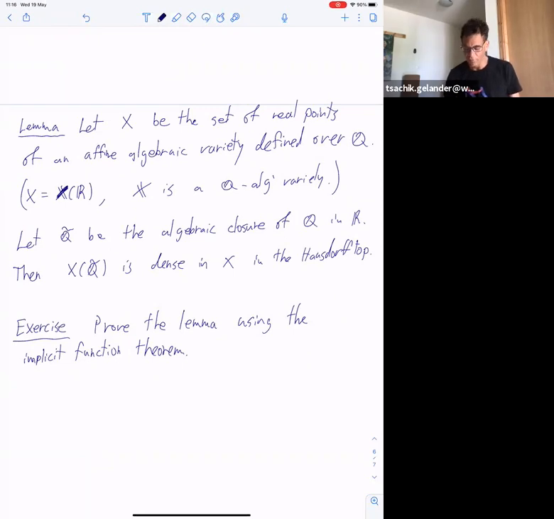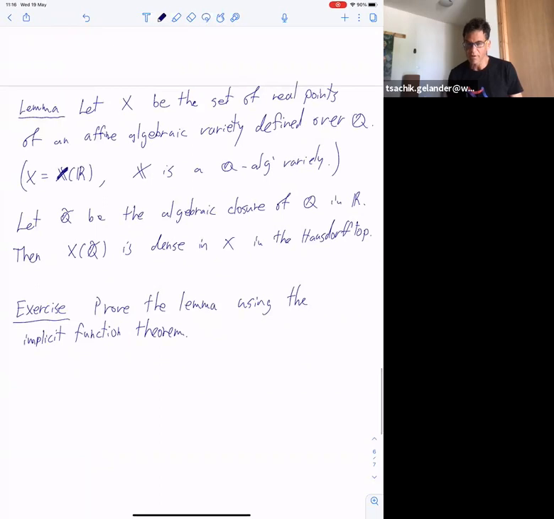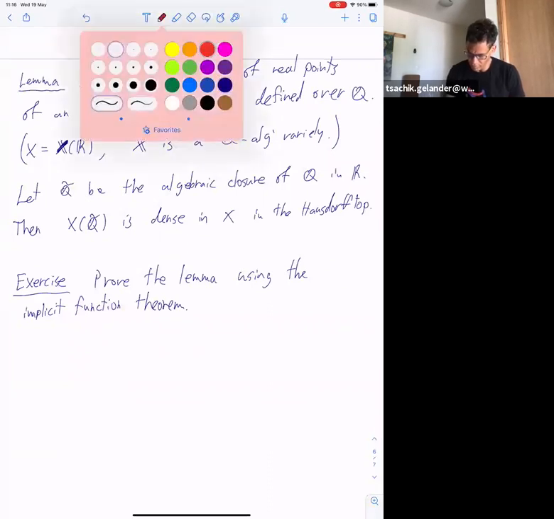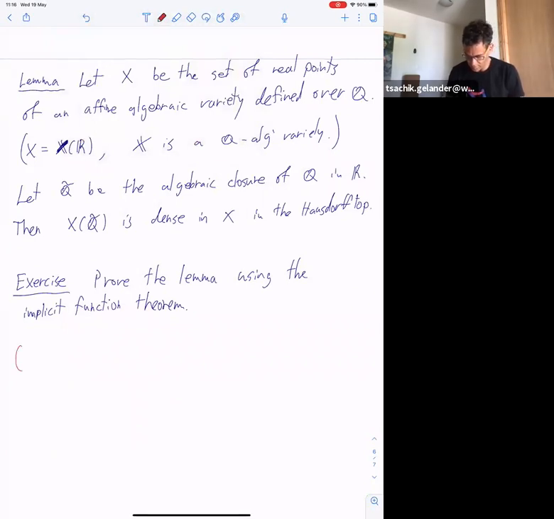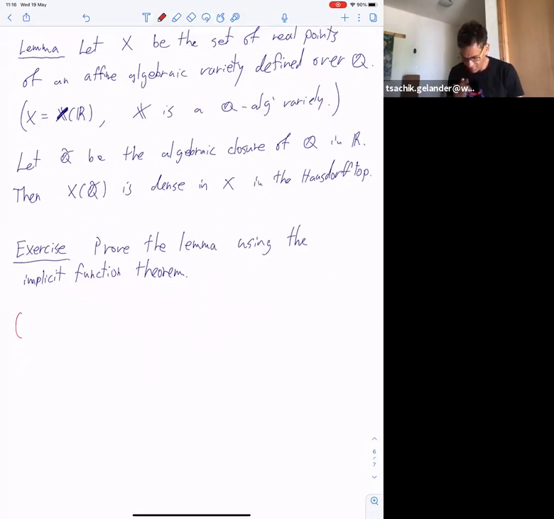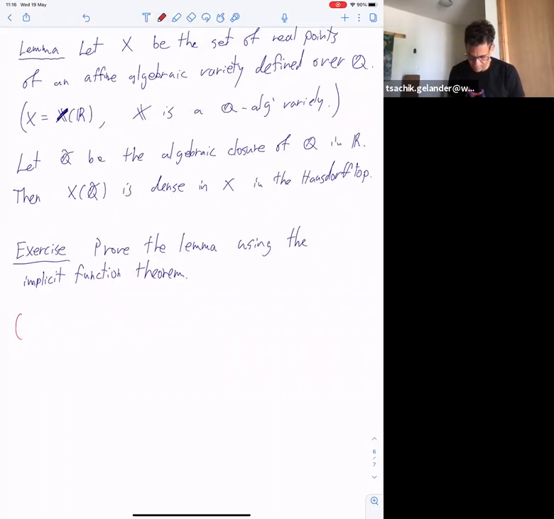So you may look at a paper by me and Emmanuel Breuillard called Uniform Independence of Linear Groups, and there is a lemma there, Lemma 3.2, I think.